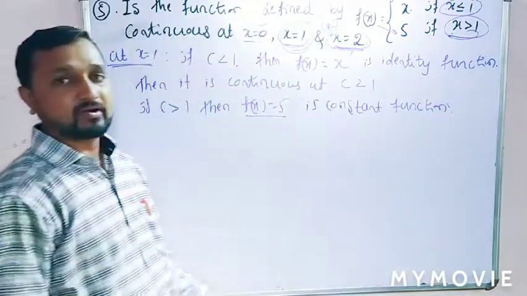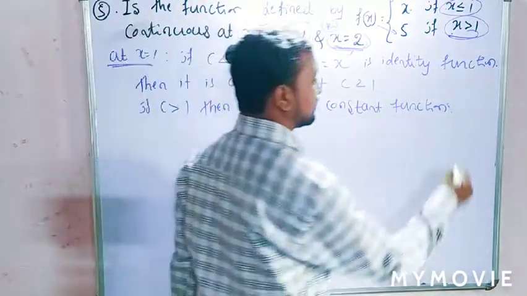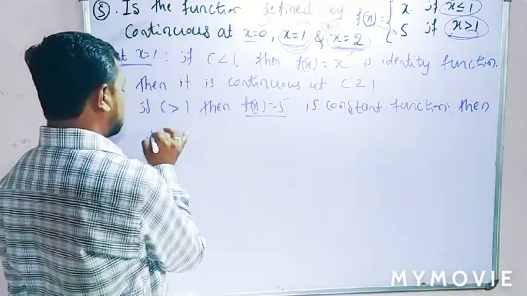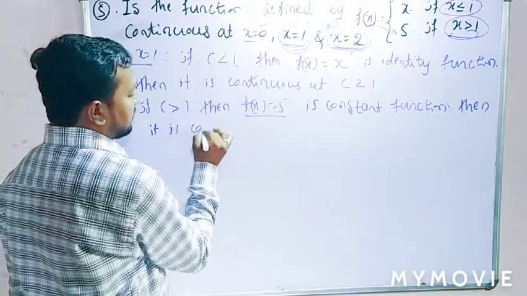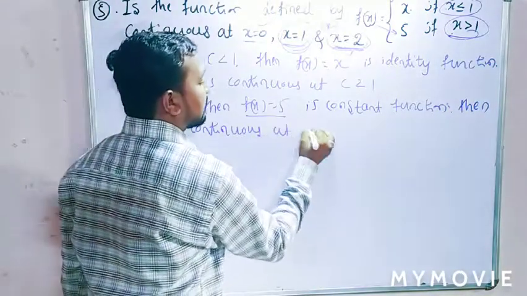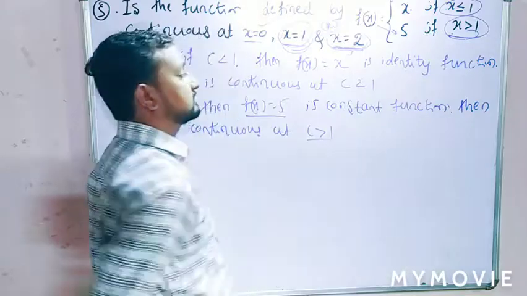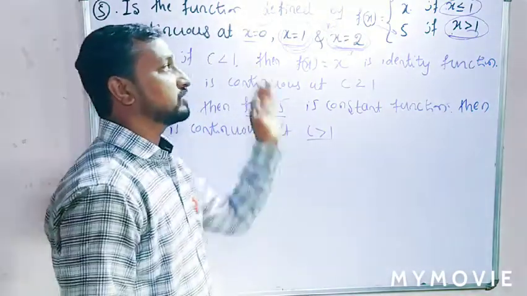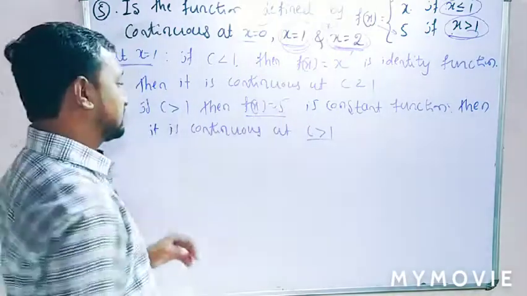Already we know that every constant function is continuous, obviously. Then it is continuous at every real number greater than 1. So less than 1 is over, greater than 1 is over, and now we check at x equal to 1.